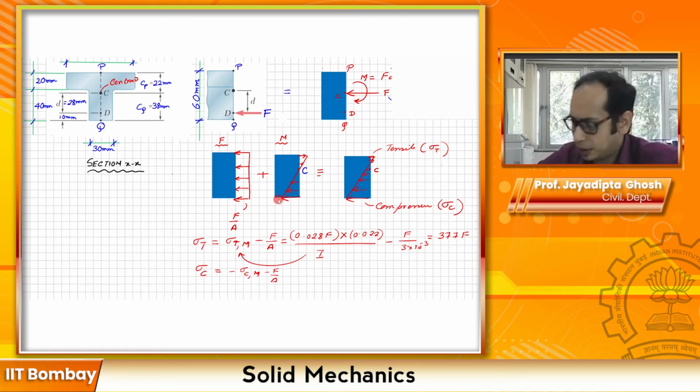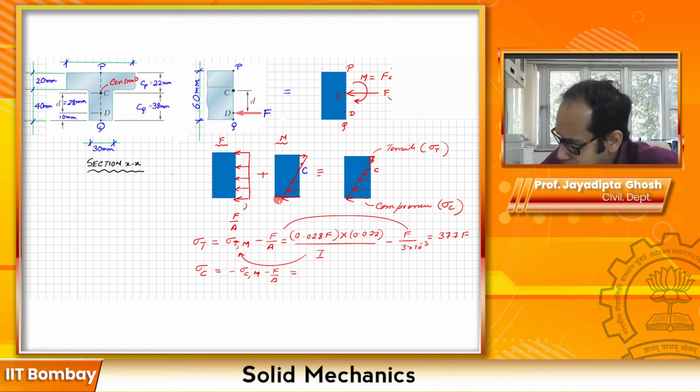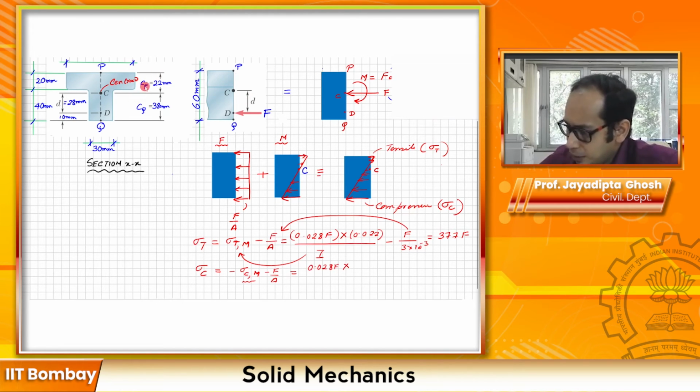Now if you again plug in the numbers, what you will get is, this one is going to be 0.028 F times the arm for the compression, that is the base, the 38 mm.